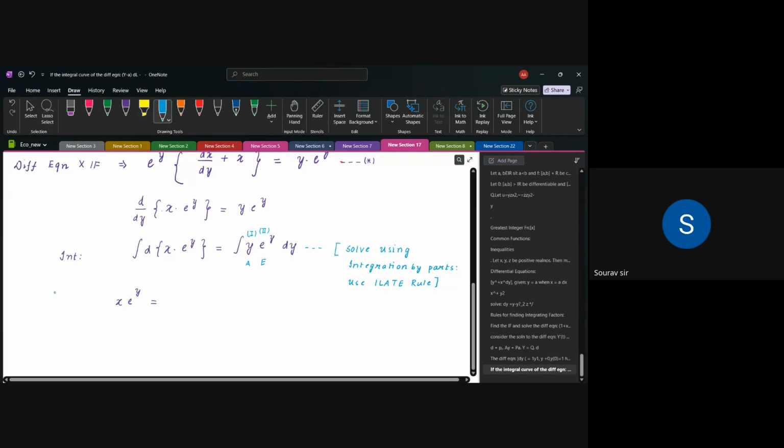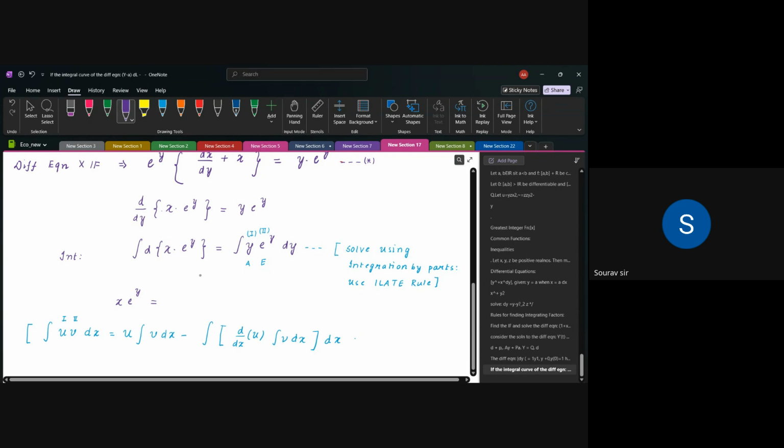Okay, maybe I'll just write down the formula once for all of you. So let's say that I have something like the integral of u times v dx, where u is your first function and v is your second function. So the integration by parts says that this will be u times integral of v dx, minus the integral of (d/dx of u) into integral of v dx. Okay, u integral v minus integral of derivative of u into integral of v.